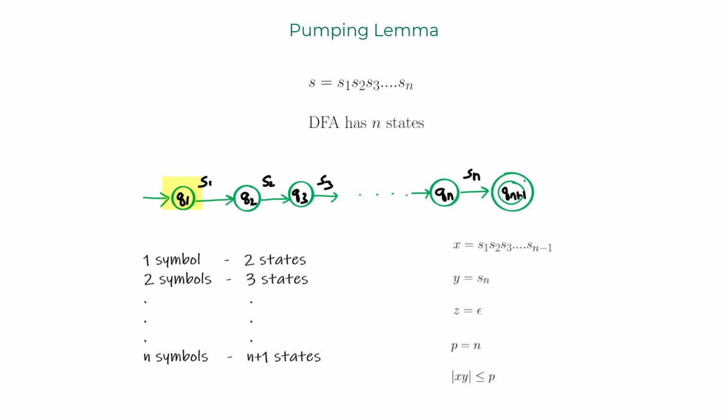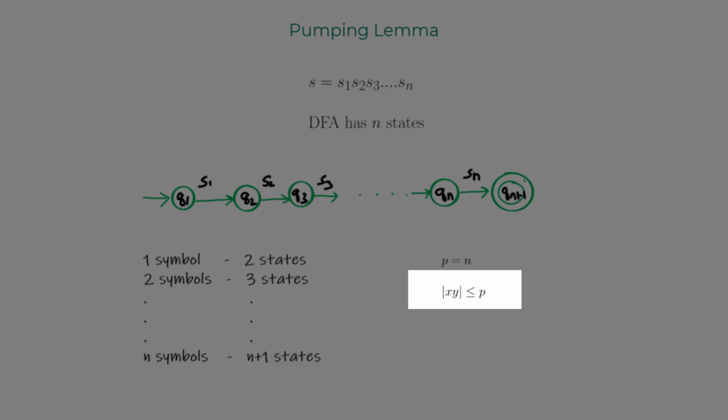If I put the pump on the start state Q1, on the symbol S1, the length of xy becomes 1, right? So x will be epsilon and y will be the symbol S1, and xy put together has length 1.